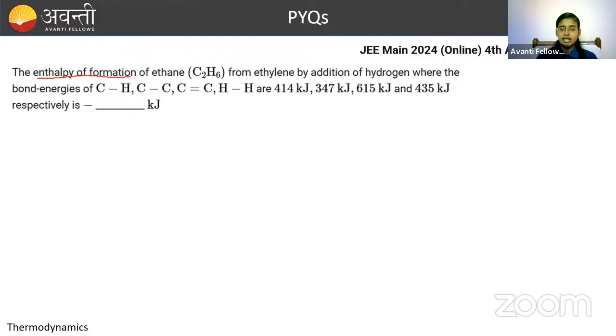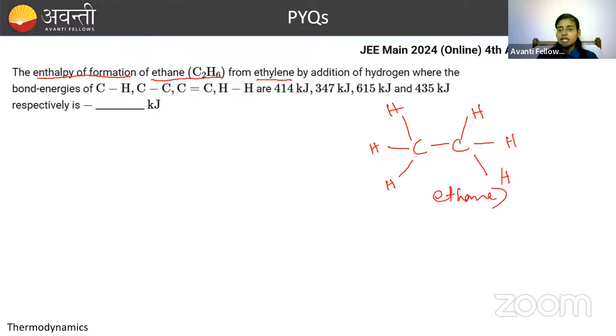For that, you need to have the reaction first. It is the formation of ethane from ethylene. We are going to prepare ethane, which is C2H6. This ethane is produced from ethylene.